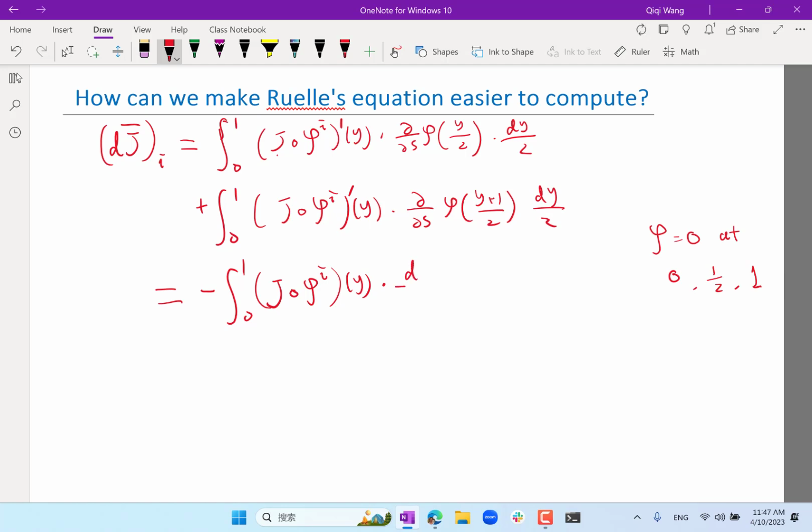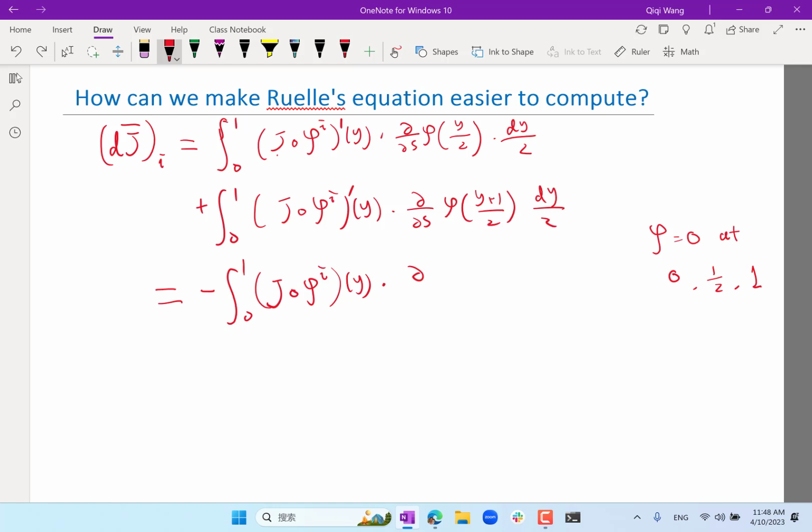This is the d dy, and let me just write partial. I still have to apply the chain rule, because I'm taking the derivative with respect to y, and inside of the phi there is a half of y.